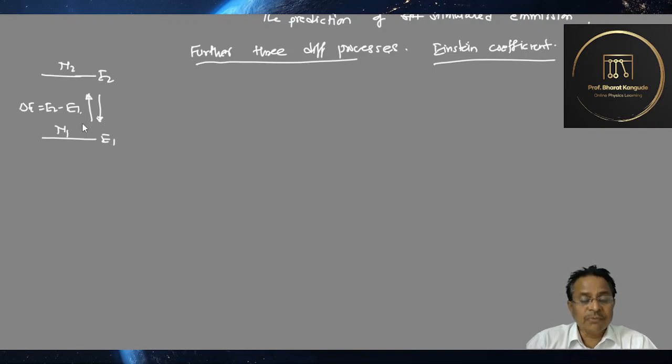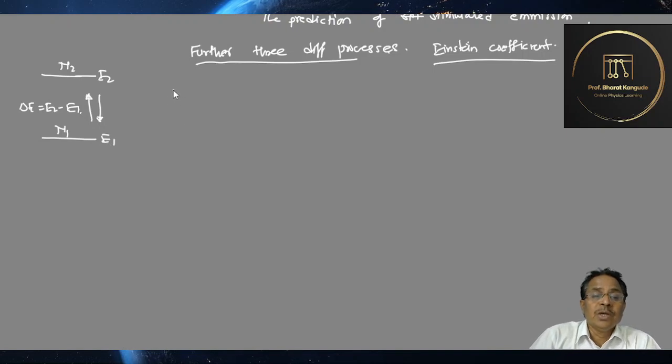Thus no net photons are generated nor lost, so the number of photons in the system is always constant, because we are at thermal equilibrium. However, when the atoms are subjected to external light of frequency nu, the following three processes occur, and we are going to see them one by one.